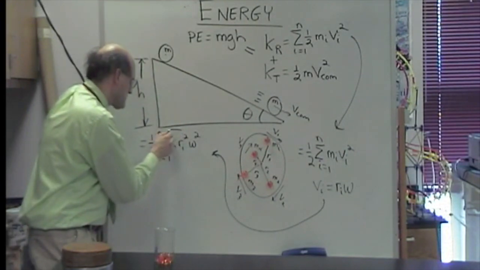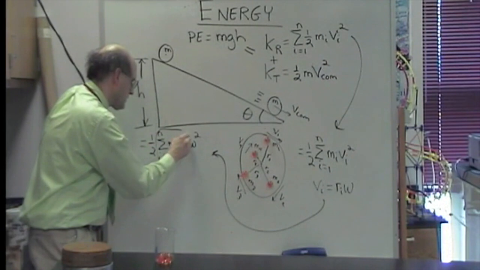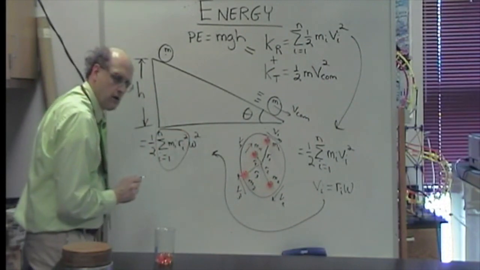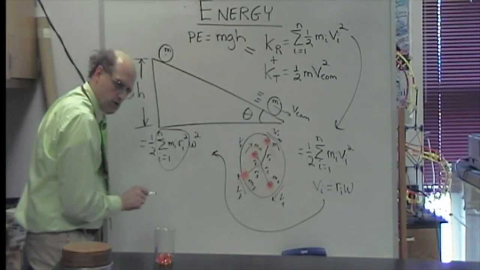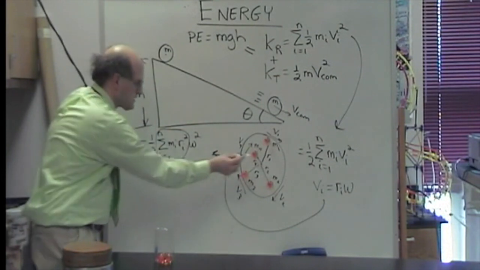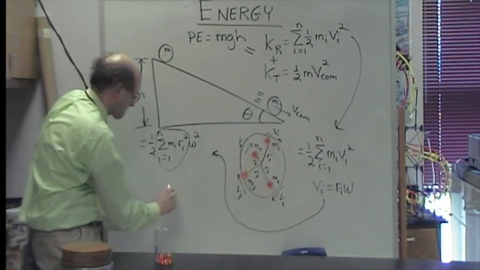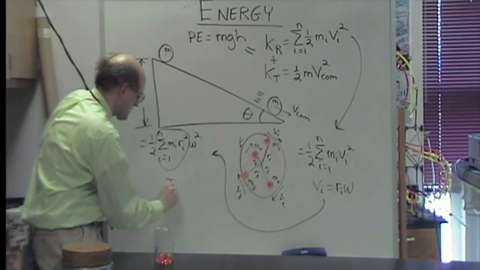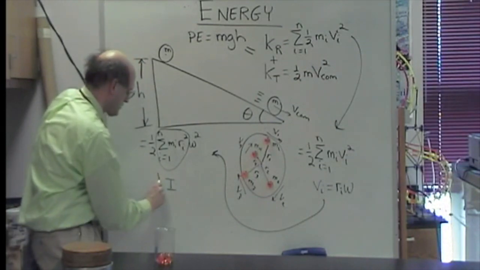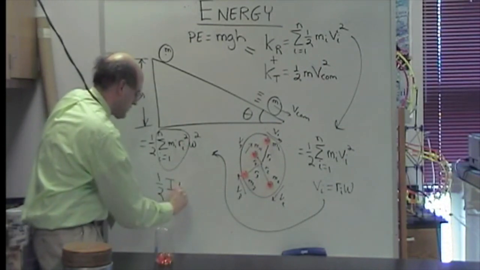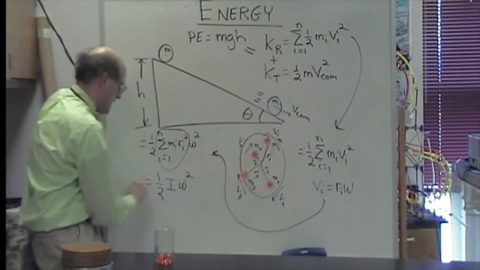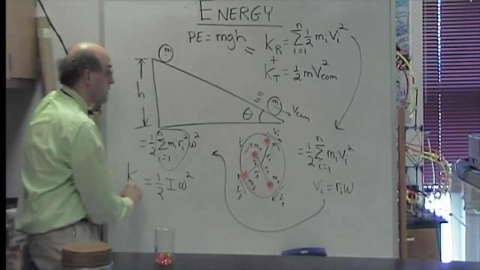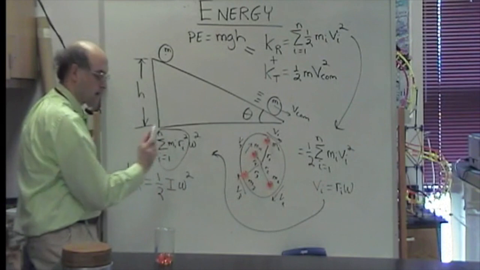But we should recognize this quantity as being equal to the moment of inertia of the body about its central axis. So I can replace this with I. So I have 1/2 I omega squared, which is equal to the rotational kinetic energy.